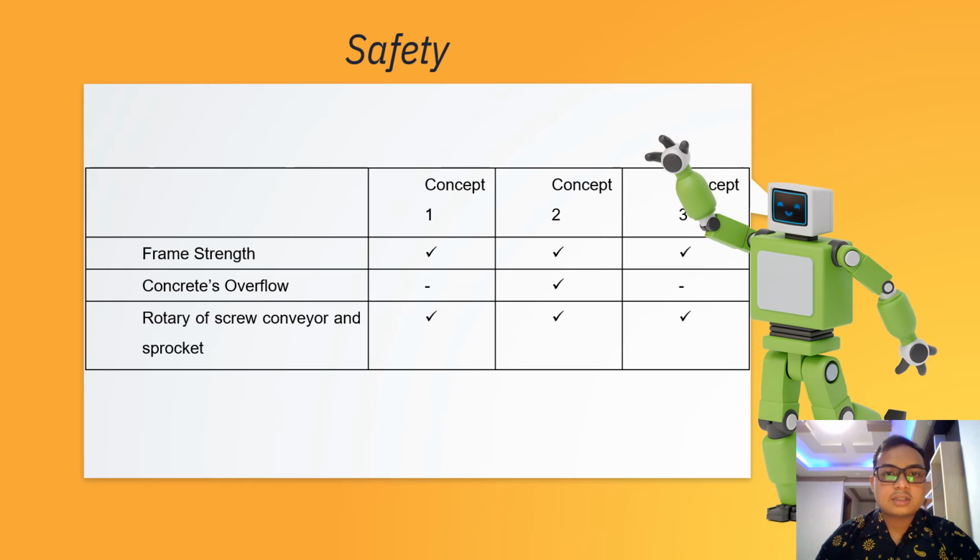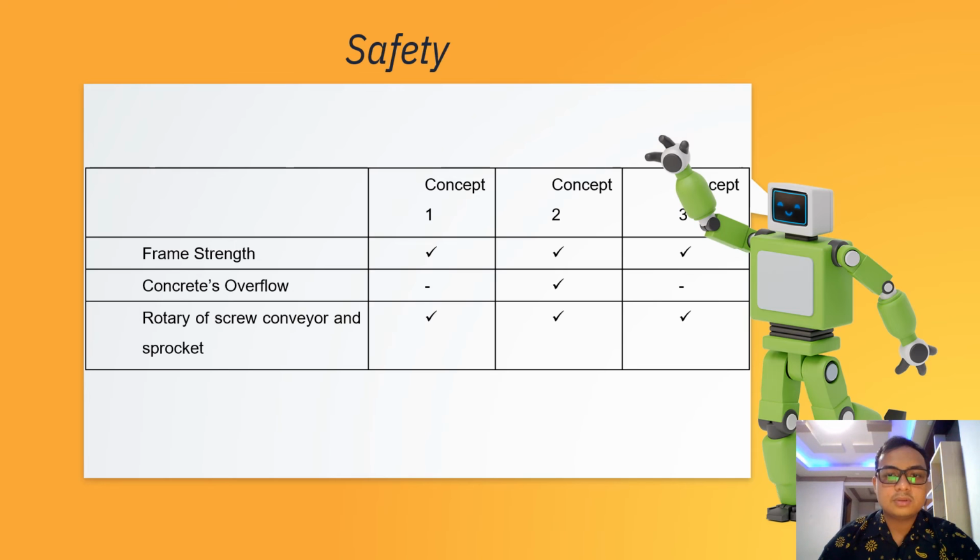And the second selection criterion is safety. Concept 1 has two goods in safety. The first is frame strength, and rotary of screw conveyor and sprocket.